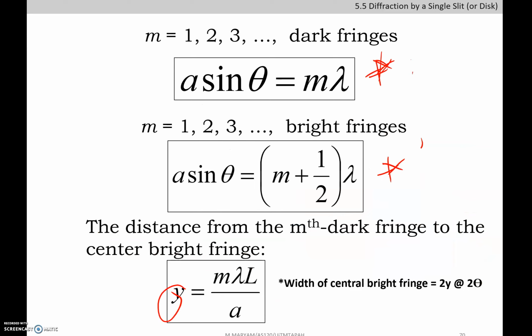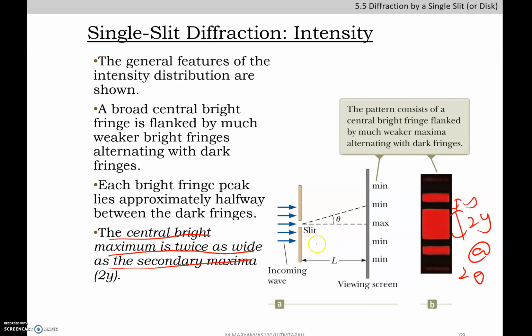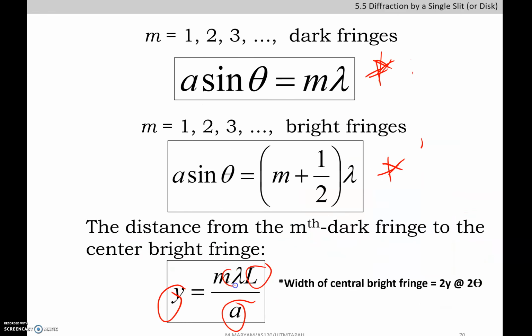So the equation of y will be m lambda L over A. Also pretty similar to interference. The only difference is the symbol. We don't use the distance between slits. We use A as the opening of the slit, or the diameter of the slit. Again, we use L, the distance between the screen and the slit, lambda, the wavelength of light, and also the order m.